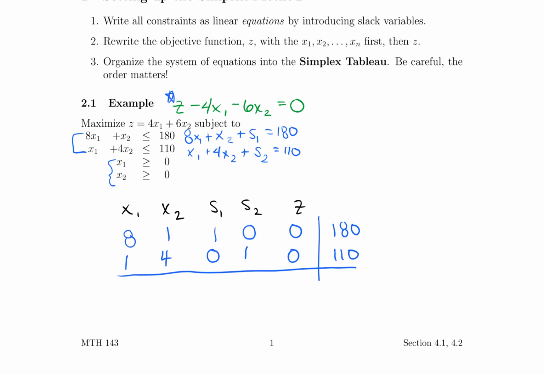So keeping the same order, we have negative 4 x1 terms, negative 6 x2 terms, there's no slack 1 and no slack 2, but there is 1 z. And the constant on the other side would be 0. And so this matrix right here, this is what we call our initial tableau, or initial simplex tableau.